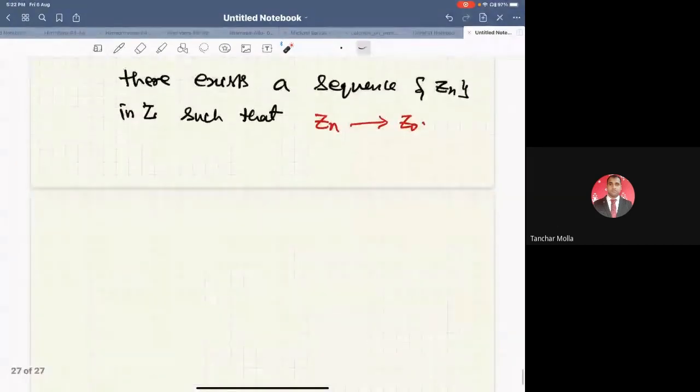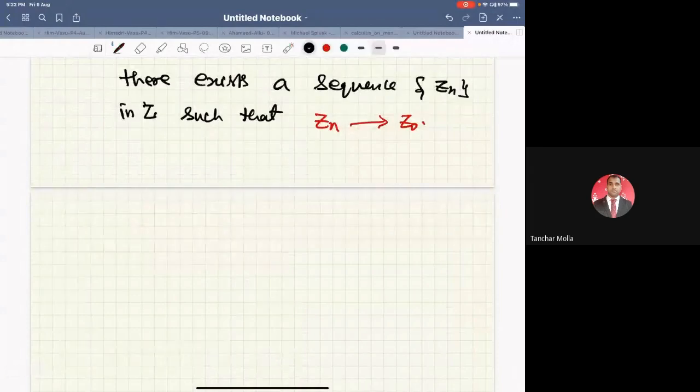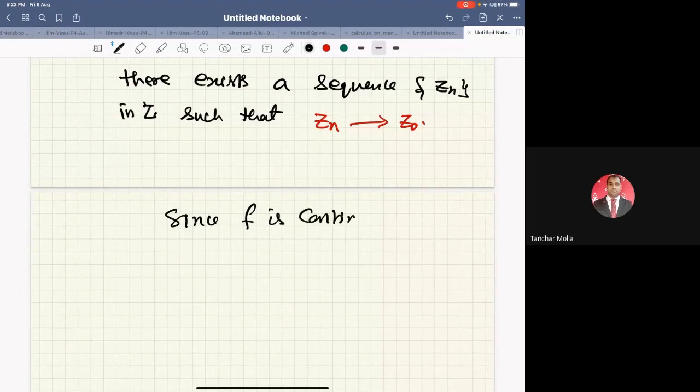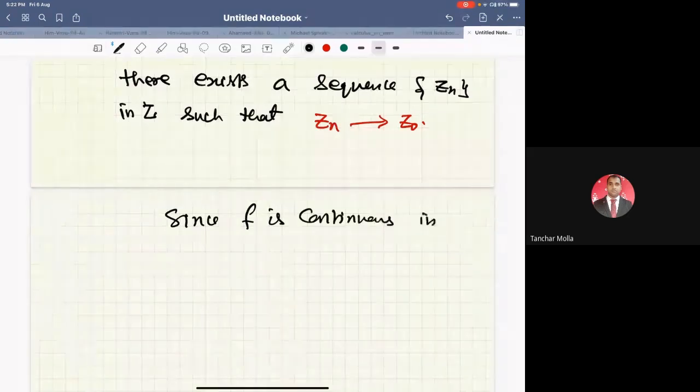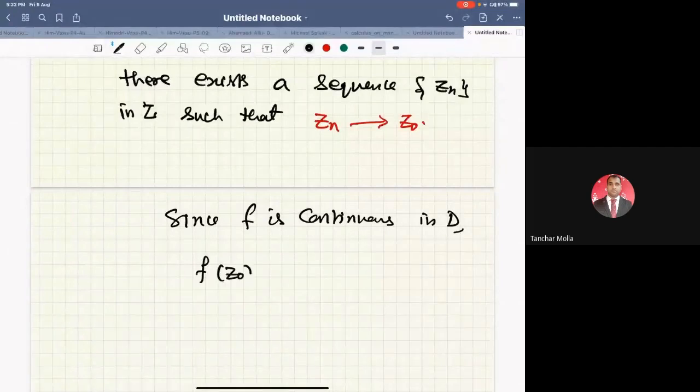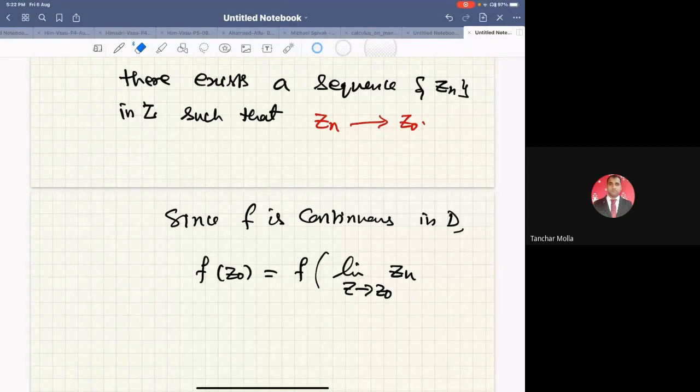So since f is continuous in D, my f of z naught is the same as f of the limit as z goes to z naught, which is the limit as n goes to infinity of z_n.